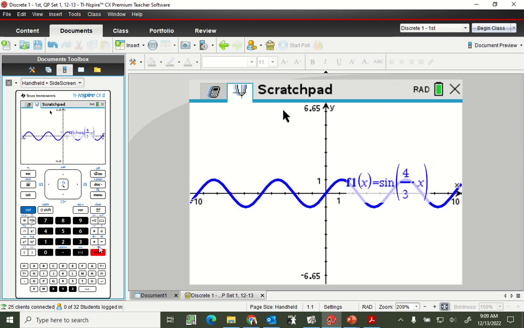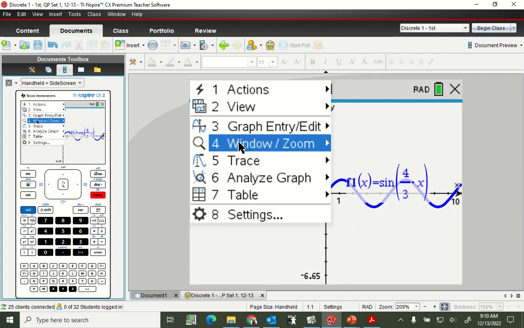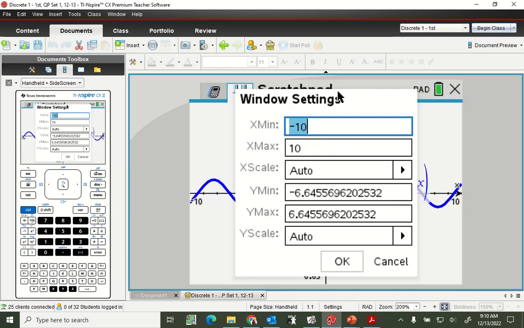Now I'm going to go to menu to change my window. Menu, window zoom, window settings. My x min. What is the minimum for my x value? That has to do with my domain. Negative pi.